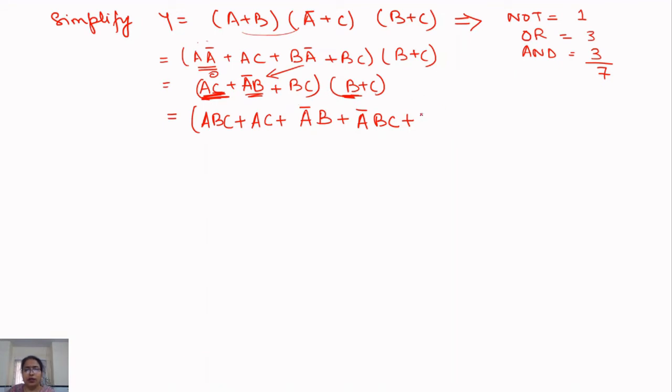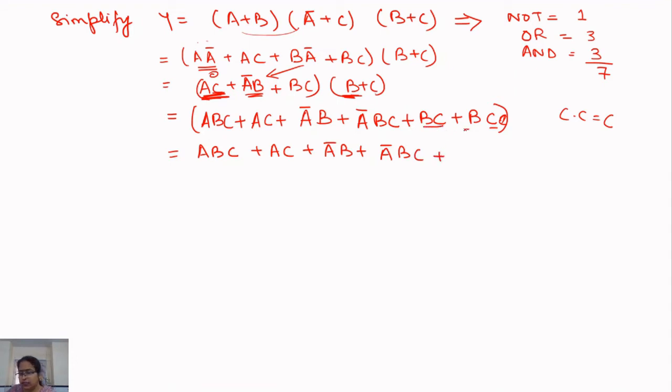Because b into b is b and c into c is c, according to the Boolean law. So this is abc plus ac plus a bar b plus a bar bc plus bc, and this is also bc. So bc plus bc is also bc, right?